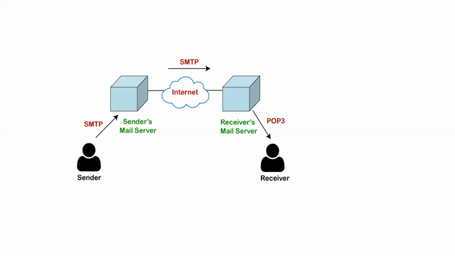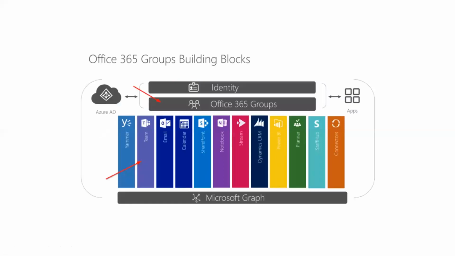If you look at this diagram, this is what we are going to discuss: sending an email using Microsoft Graph API. This is the Microsoft Graph API RESTful service, and you can use this RESTful API to access all these resources: Yammer, Teams, Email, Calendar, SharePoint, Notebook, Stream, Dynamics CRM, Power BI, Planner, StaffHub, Connectors.